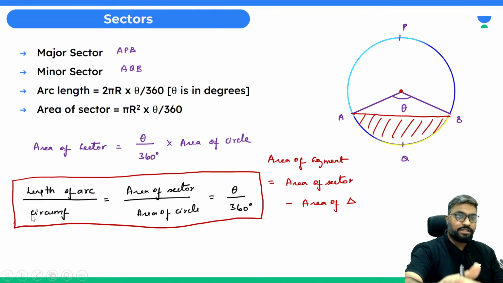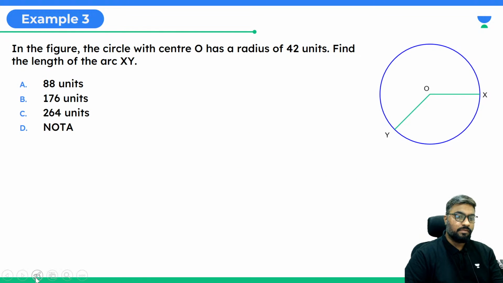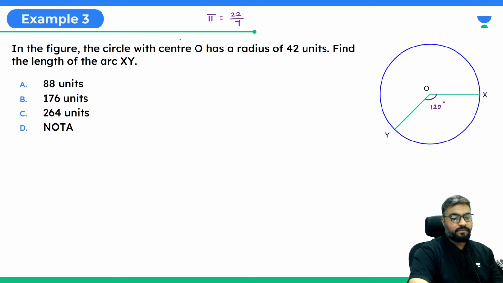चलो लेट्स ट्राई आउट सम क्वेश्चंस ऑन दिस. ट्राई दिस आउट. This part should be given. They missed it out. 120 degree. Shall I quickly try? Okay, assume pi is equal to 22 by 7 here. The answer choice has none of the above.